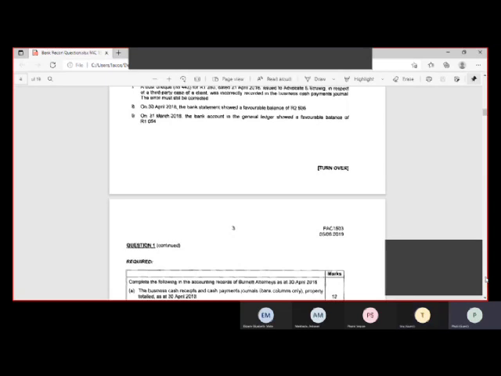On the 31st of March 2018, the bank account in the general ledger showed a favorable balance of 1054. What's your take on this? It's an opening balance under your bank account, right? You see the code, the balance brought down. This is what they're talking about. It will go through to your debit side as a balance brought down.